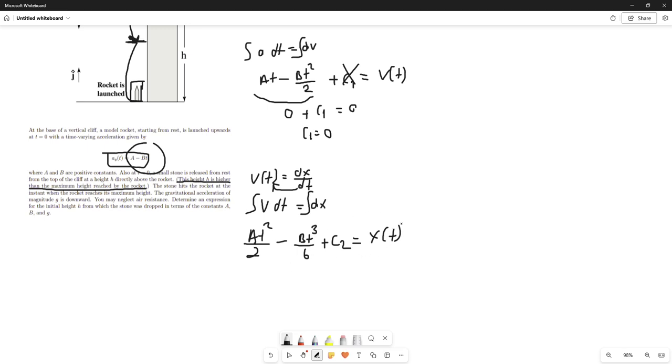Again we can put 0 for t and find the constant value. As you see, the constant value again is 0, so we don't need it.